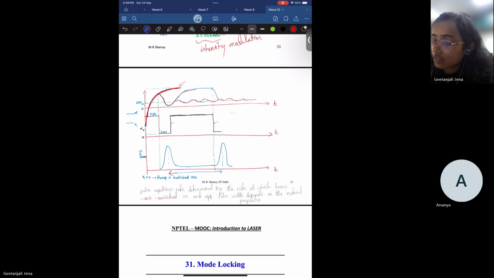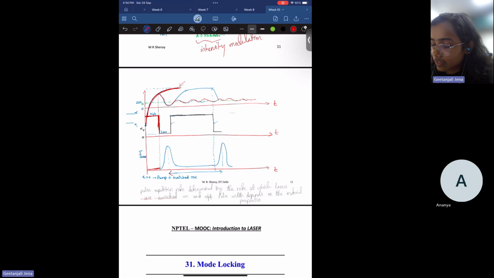Now you have an external modulator that will change this population inversion, population density. I think this is the resonator loss coefficient. When the resonator loss coefficient is high, that means there will be no gain in the system. That is why you don't have any output in the third plot.